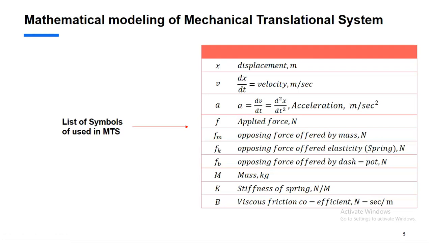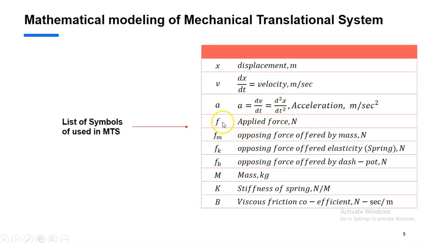We'll see a list of symbols used in the modeling of mechanical translational systems. As I already told, if you consider the mechanical translational system and apply a force as an input, that particular system will move. Here I am representing that as x, the displacement. dx/dt is the velocity, and d²x/dt² is the acceleration.